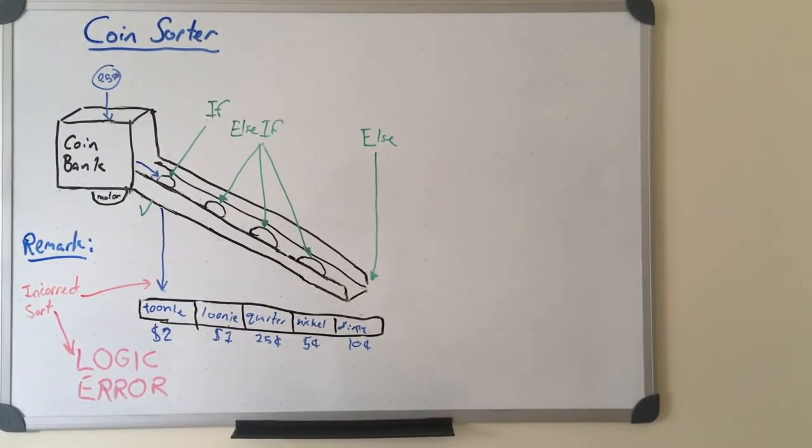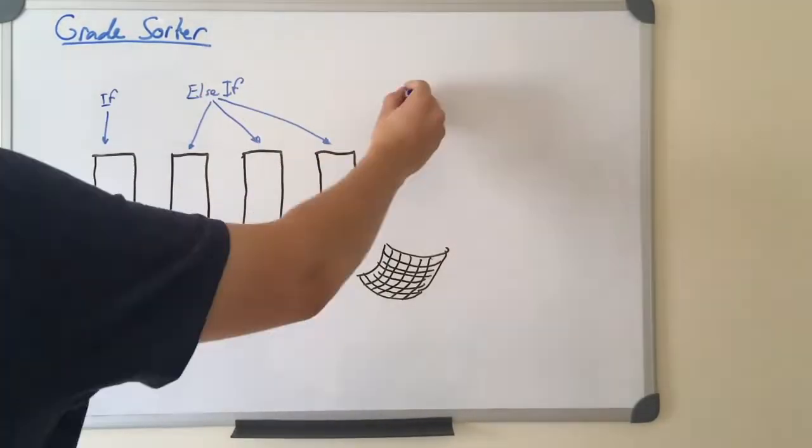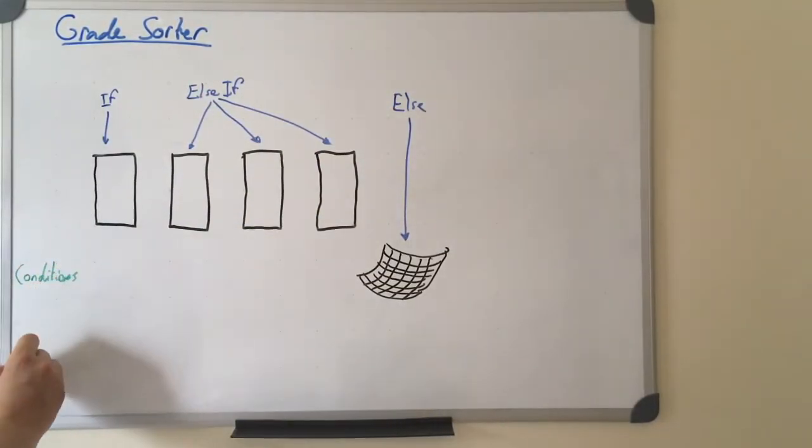A common task assigned by teachers is to create a selection structure that takes in a grade percentage and returns a letter grade. So, one way to do this is to create an if, else if, else that starts at the high grades and goes to lower grades of the structure.